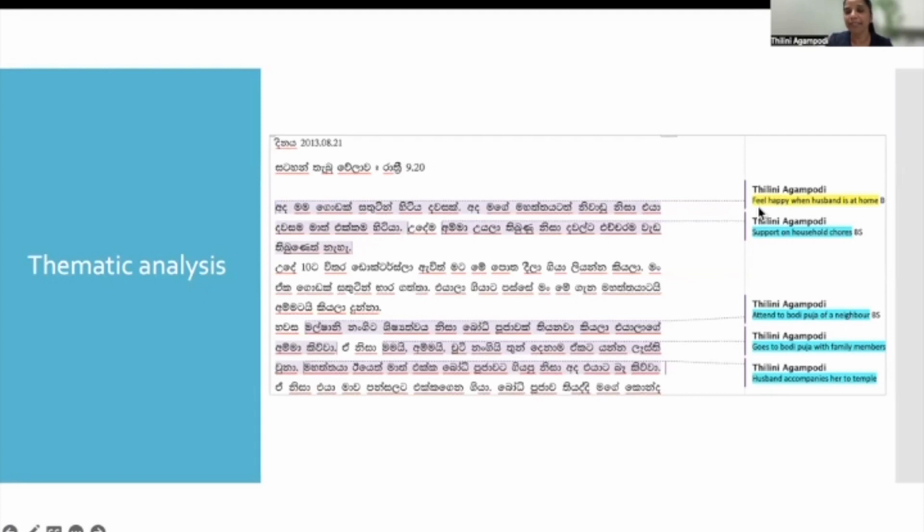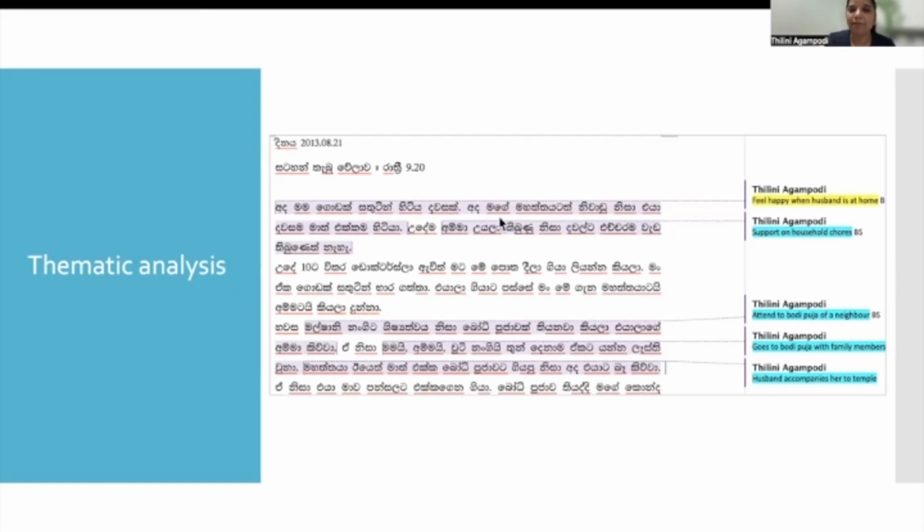And what you put here is a label that is called the code label. So the code label can merely represent what is there. So you see here, the code label is feel happy when husband is at home, right? So it's very easy. Now, there are a lot of practical tips. It's very easy when you label the code at the most ground level, right?